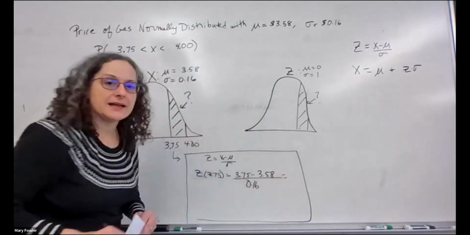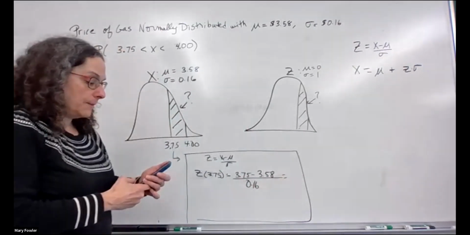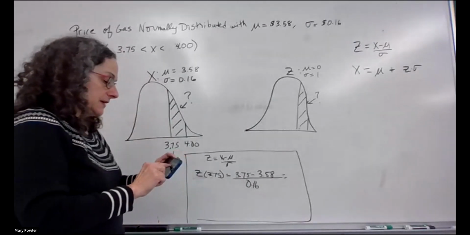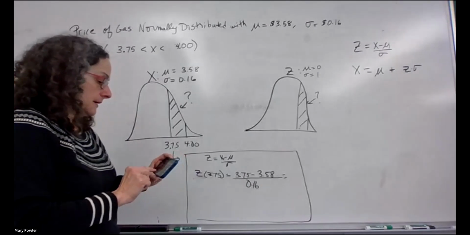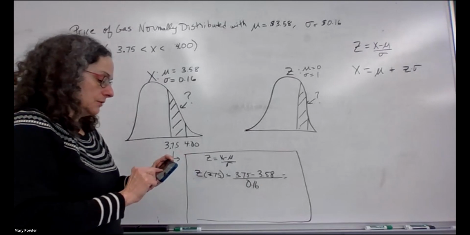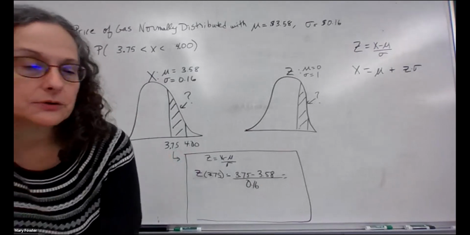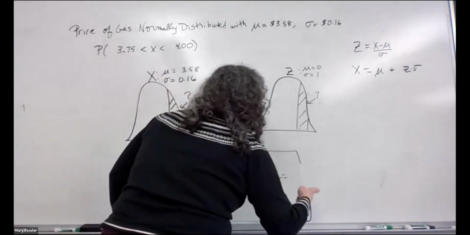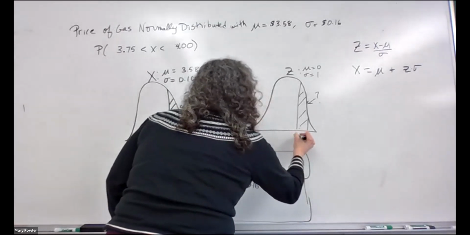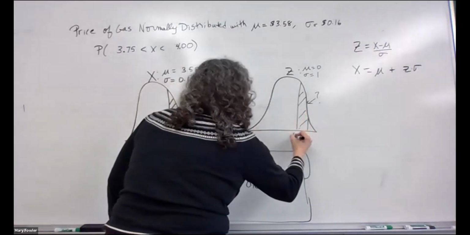We need to get that to two decimal places because we're going to use it for the Z table. I'm getting 1.06 to two decimal places. So this one is going to map here to the left, the limiting value on the Z graph.